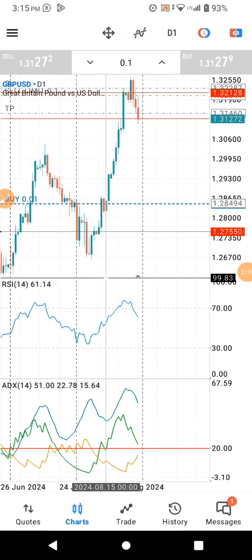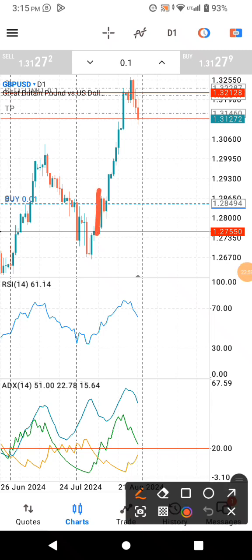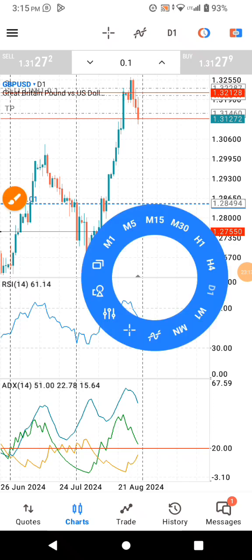Let's look at how it happened. We go to H4, one time frame below the trend. That's where we take our trade. The market went in, we earned. Take your profit.